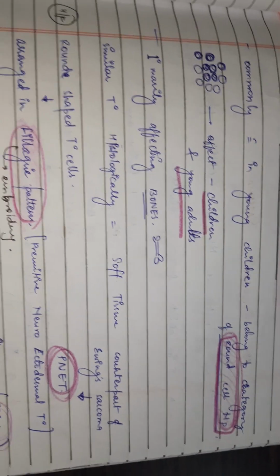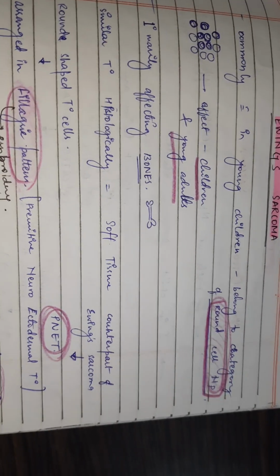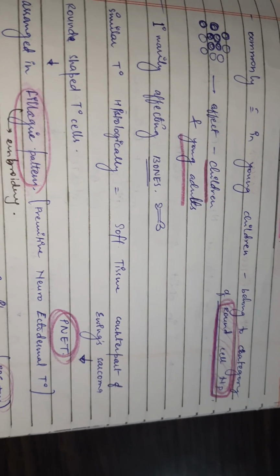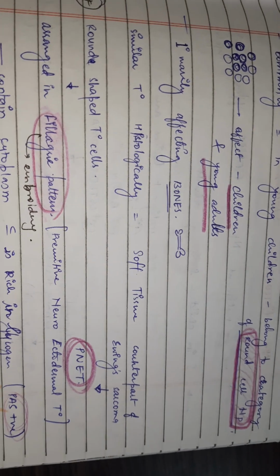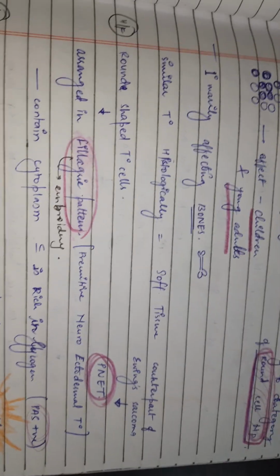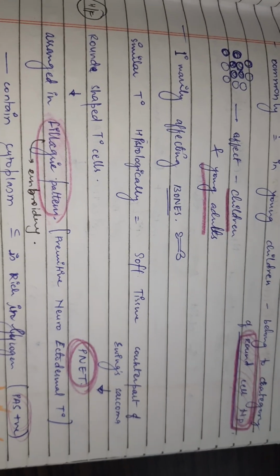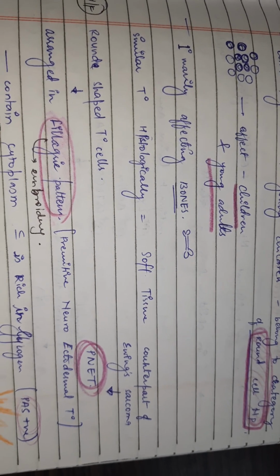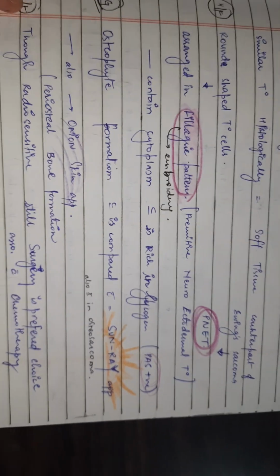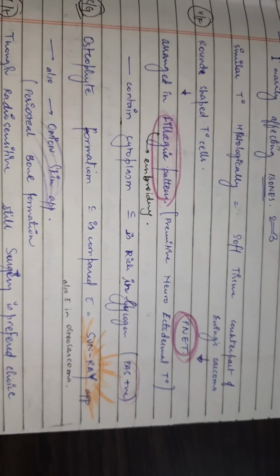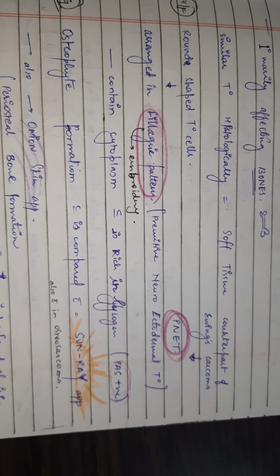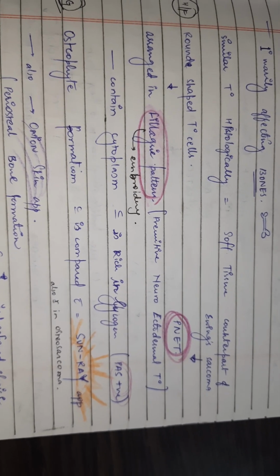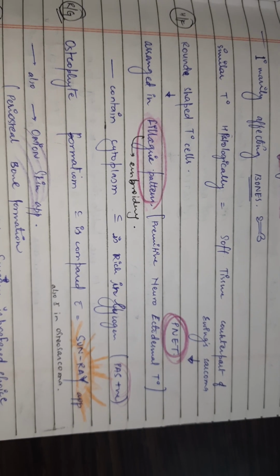The soft tissue counterpart of Ewing sarcoma, histopathologically similar, is called PNET, primitive neuroectodermal tumor. Round tumor cells are arranged in a filigree or embroidery pattern, and the cytoplasm is rich in glycogen, PAS positive.